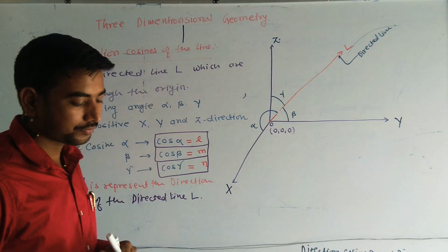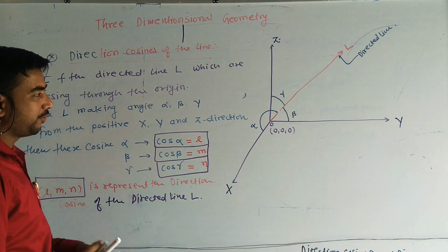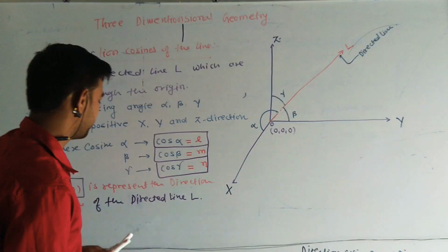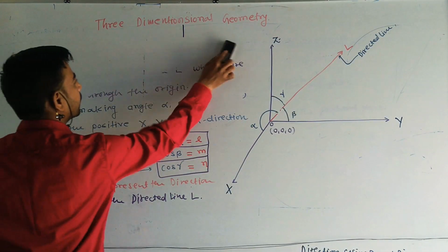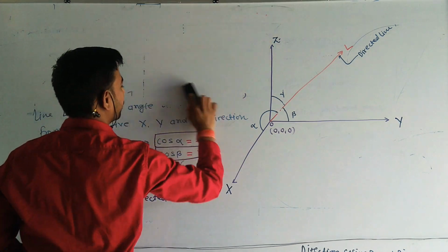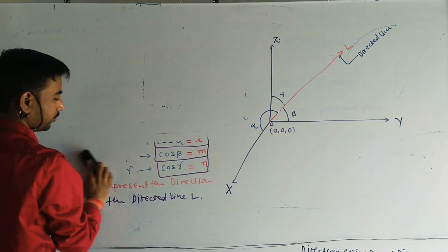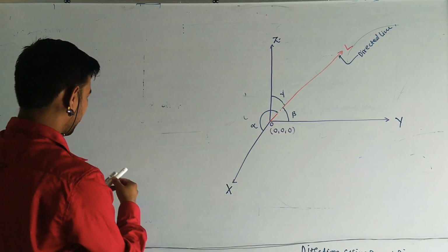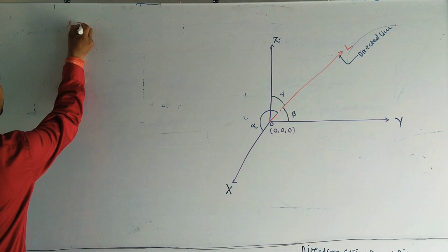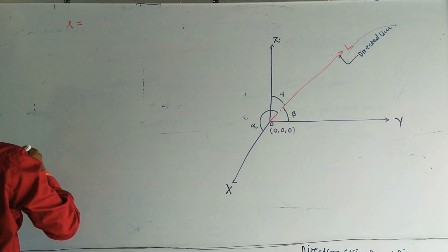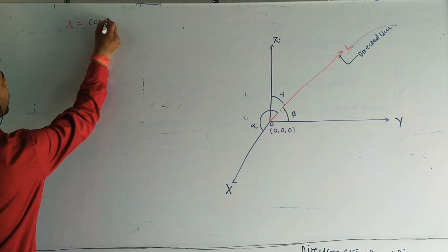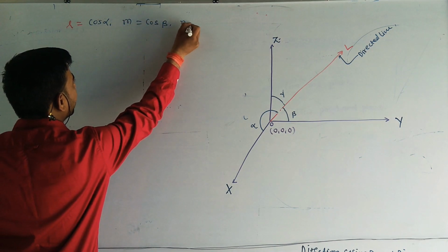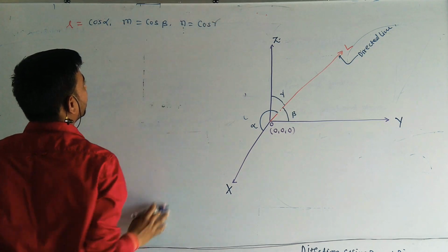Suppose, if you want to change its line, if you want to reverse the line, suppose normally L is represented what? L is equal to cos alpha and M equal to cos beta and N equal to cos gamma.